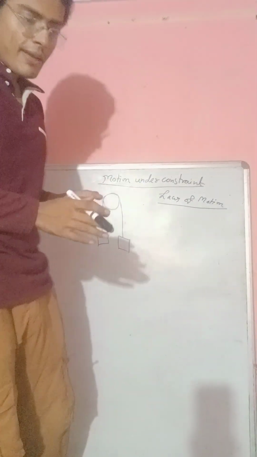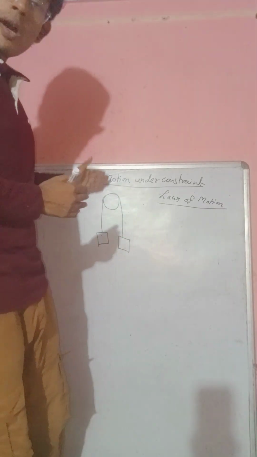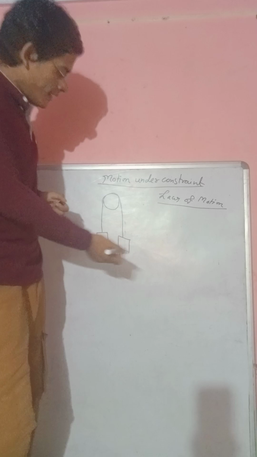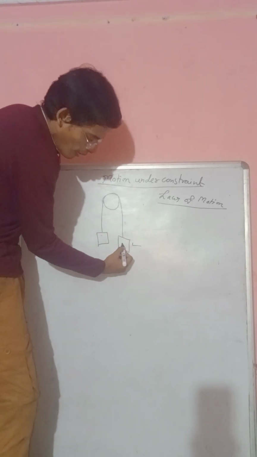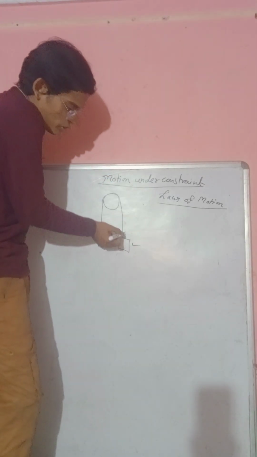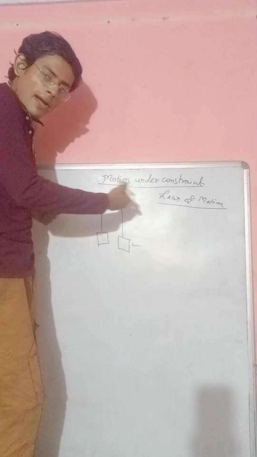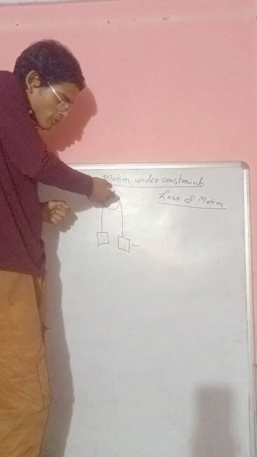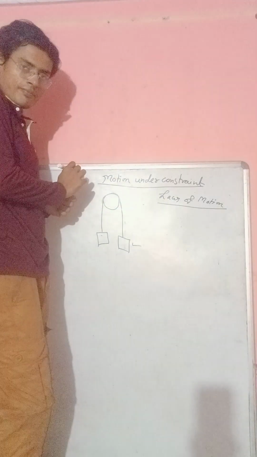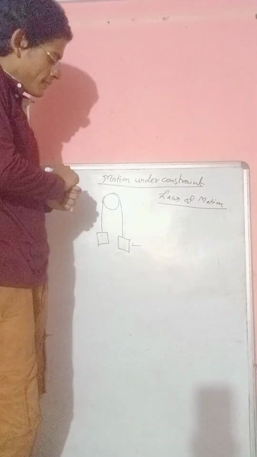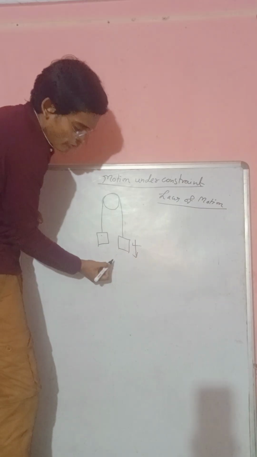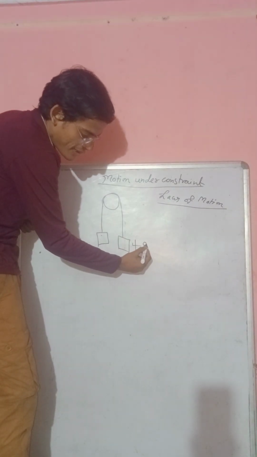As an example, we can mention one example of the pulley system. What is that? See here, if a block is attached to another block by using a string, where the string is passed over a frictionless pulley, then what happens? Suppose this block is moving in the downward direction with an acceleration a.